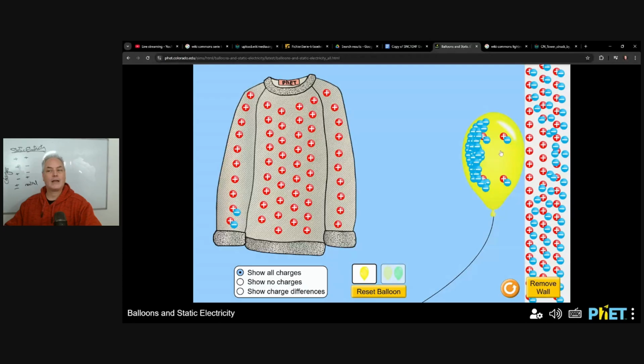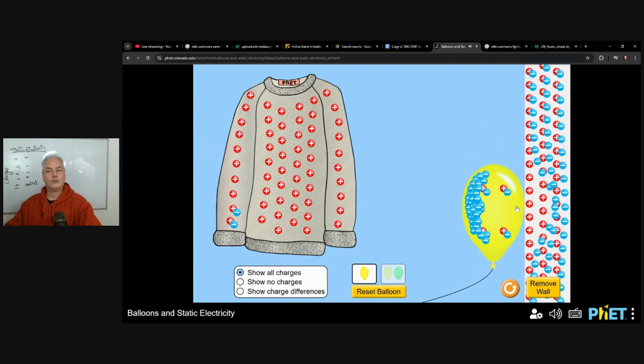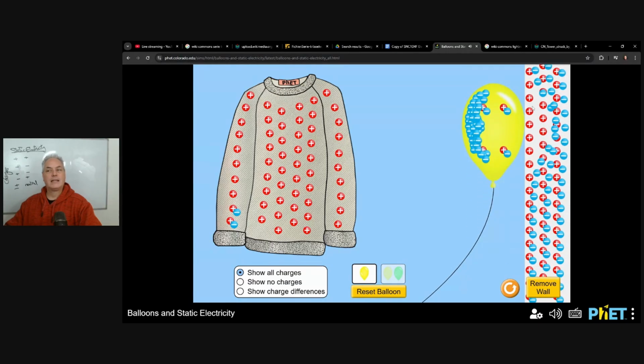So if I let it go, the balloon will stay stuck on the wall. The wall is still neutral, but the induction of the negative charges makes it so that there's a little bit of positive right here.